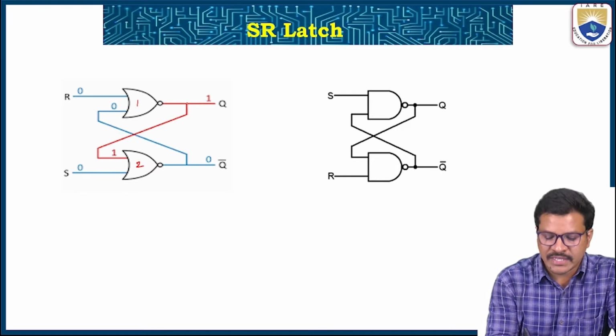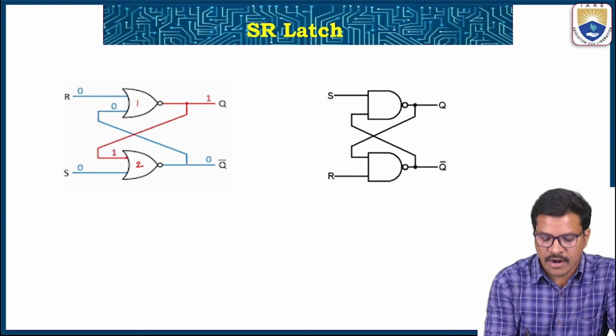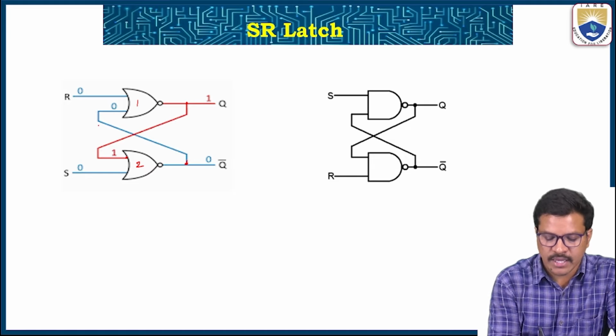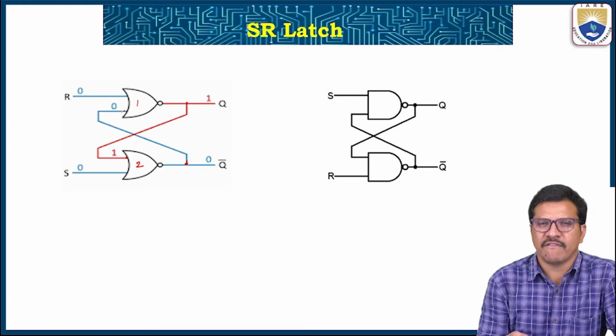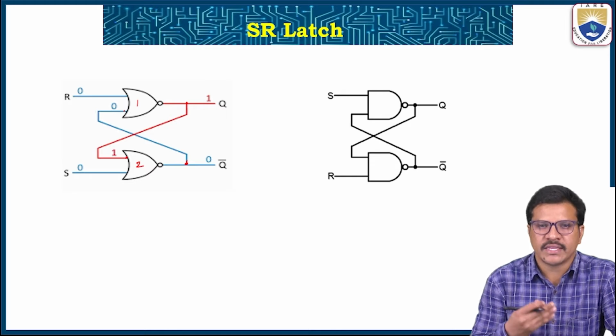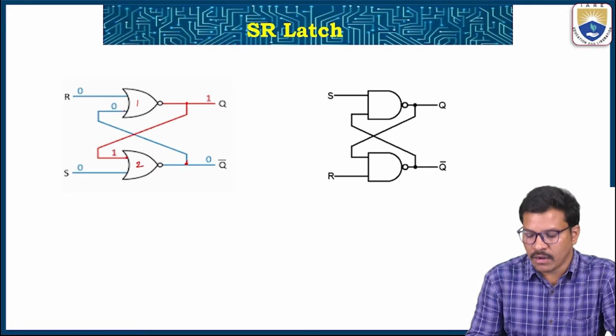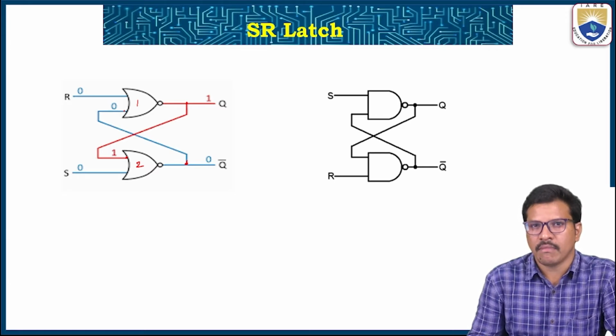The output of the first NOR gate is cross-coupled to the input of the second NOR gate, and the output of the second NOR gate is fed back to the input of the first NOR gate. This kind of cross-coupled NOR gates makes memory storage of digital values, logic either 0 or 1.